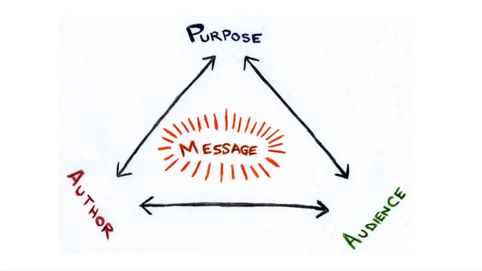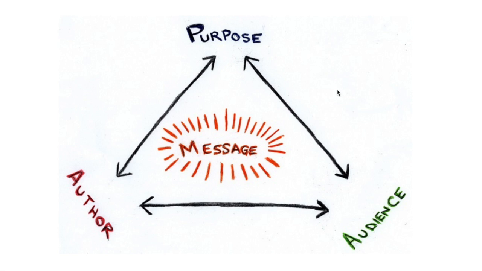Somebody, that's the author, is saying something, that's the message, to an audience for a specific purpose. Now, you can replace the word message with text. This is the text inside the triangle. The act of the message implies these three parts: the author, the audience, the purpose.